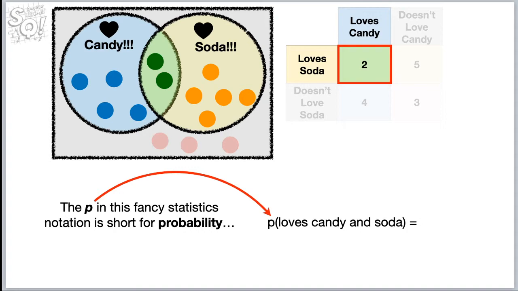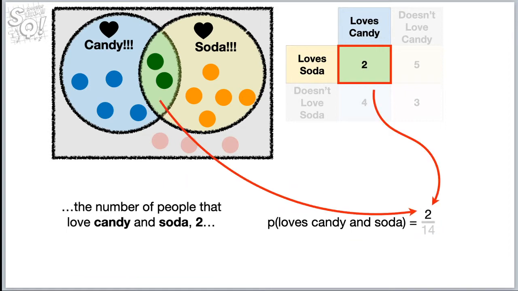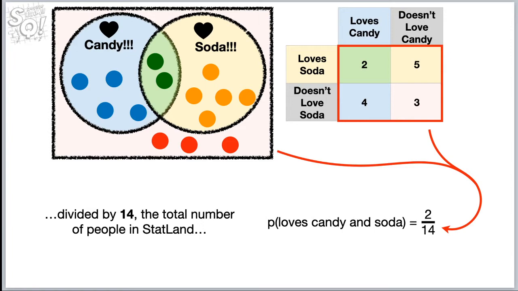The P in this fancy statistics notation is short for probability. So this whole thing says the probability that someone loves candy and soda equals, and what it equals is the number of people that love candy and soda, 2, divided by 14, the total number of people in Statland.